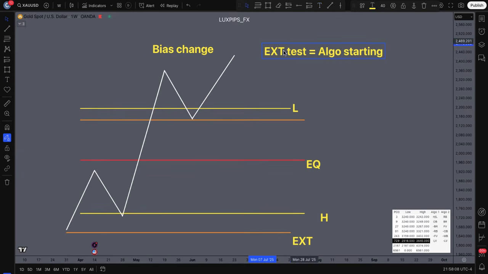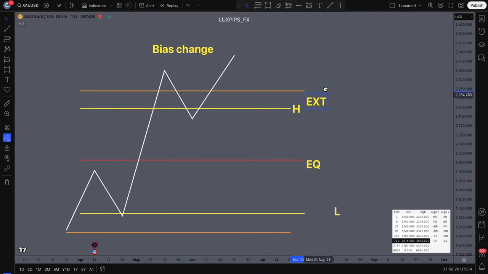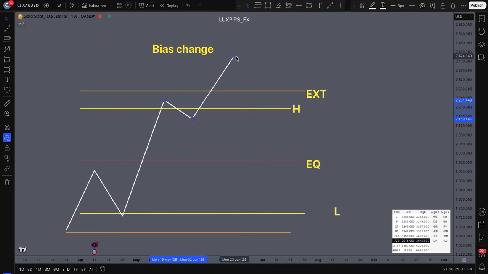You'll see an example of this very shortly. But if you see that price came out to a high and did not break it, let's say it came around here, it has not expanded through the extension, and we tested the extension inside of the dealing range.